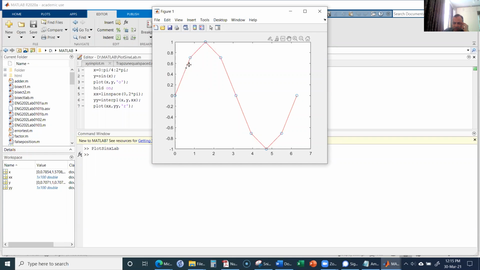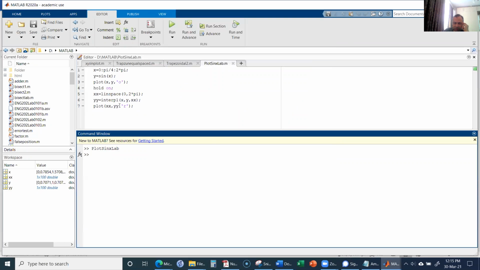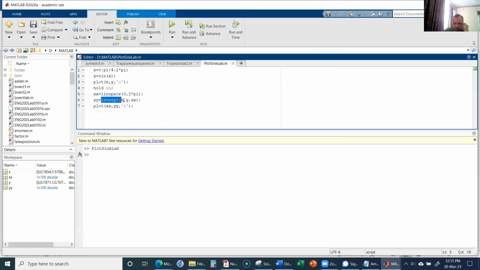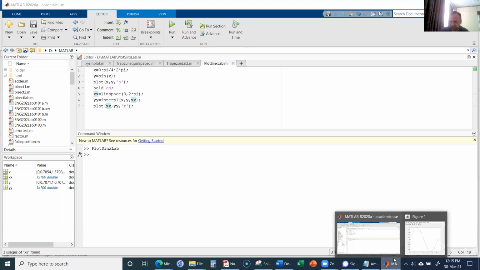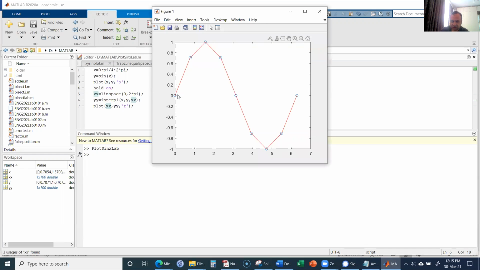If we want to make this plot smooth, then I think we should use some different type of interpolation. Here actually the answer is there, because in the interpolation command interp1, I have not specified what type of interpolation I want. If I don't specify, the program assumes that I want linear interpolation.